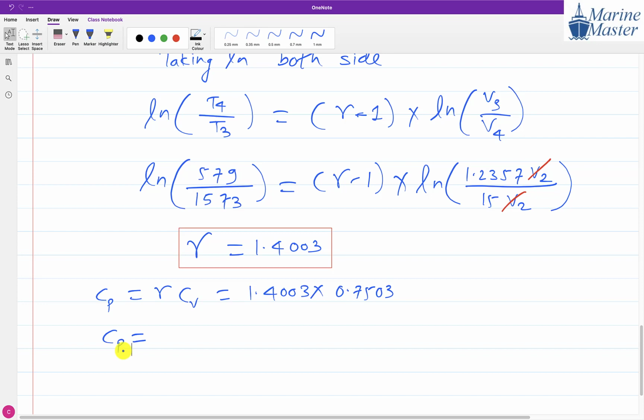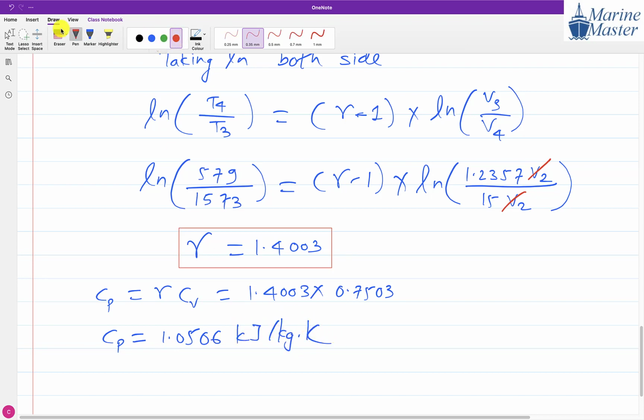So what will be the value of Cp we will get? 1.4003 into 0.7503. How much will we get? 1.0506 kilojoules per kg Kelvin.